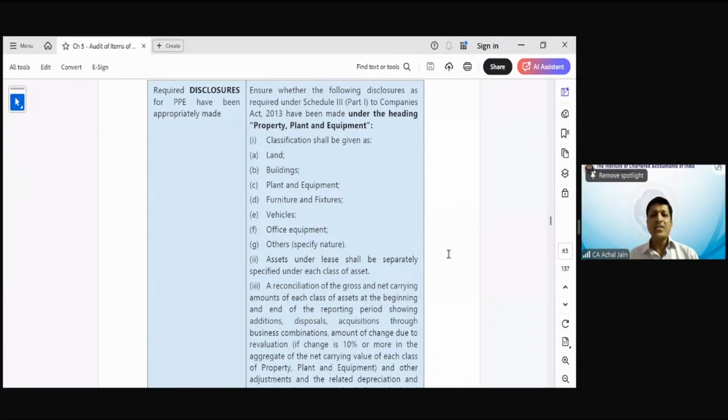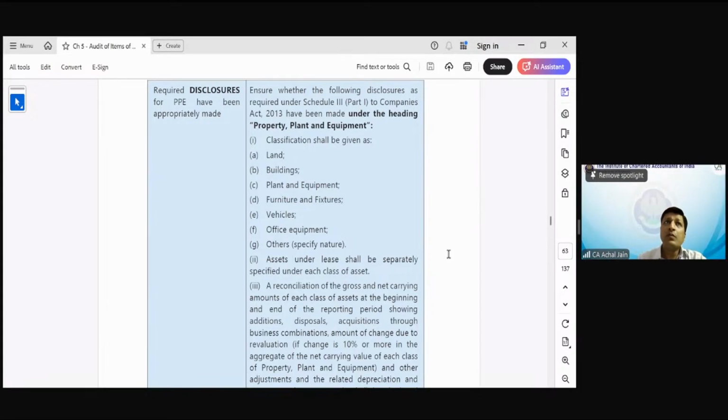On the face of the balance sheet, there will be just one line item. But in the notes, there will be a complete breakup on the basis of categories. And there will also be a movement, meaning what was the opening amount in terms of gross value, any additions or deletions, and the closing balance.